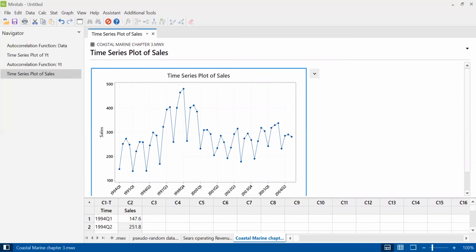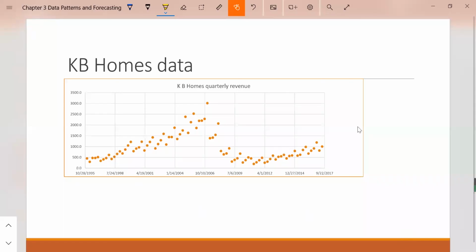All right, now let's move back to our PowerPoint slide and continue with the KB Homes data, right? We looked at this time series plot a while ago, and I briefly talked about the first impression by looking at the time series plot. Now we can use the ACF to determine whether there's trend, whether there's seasonality, okay?